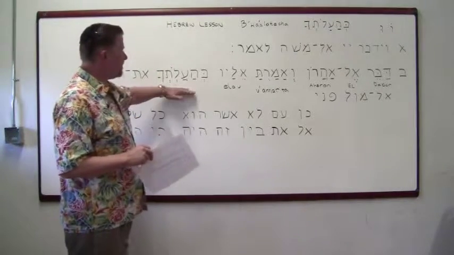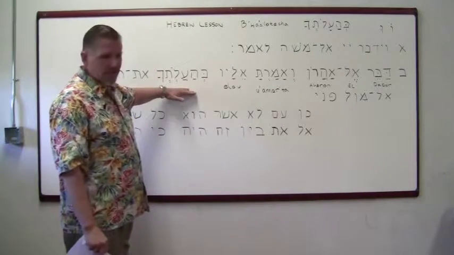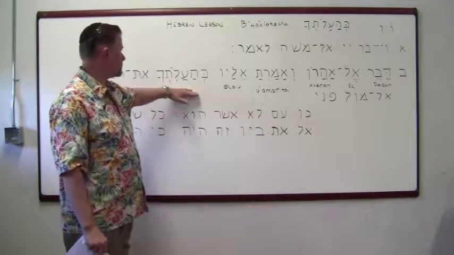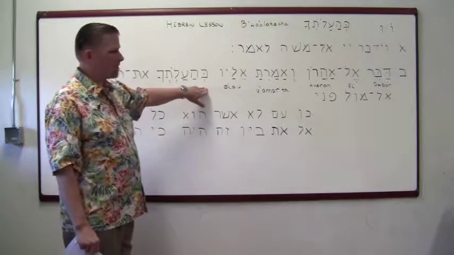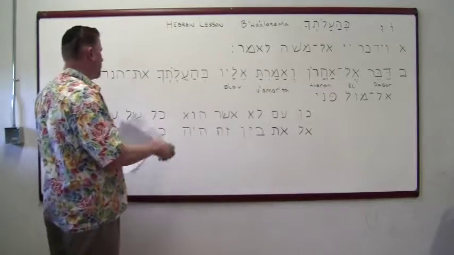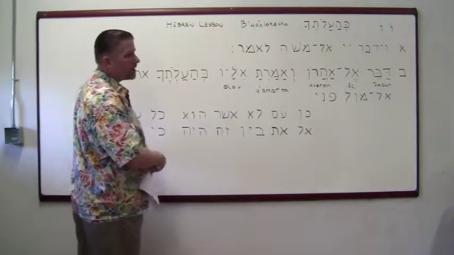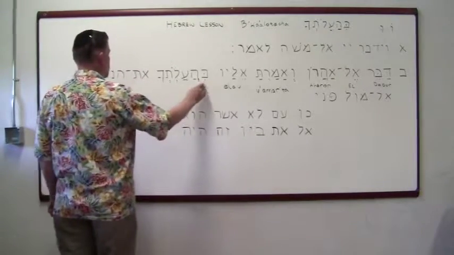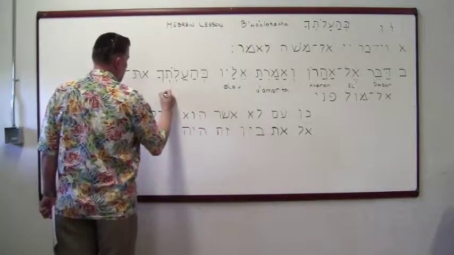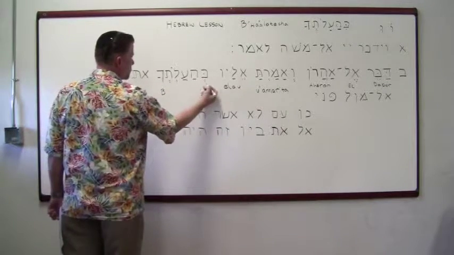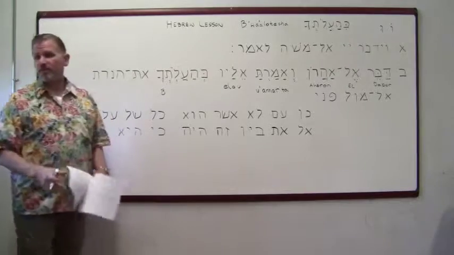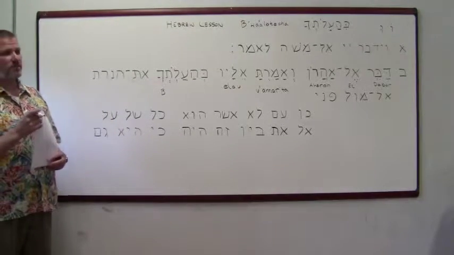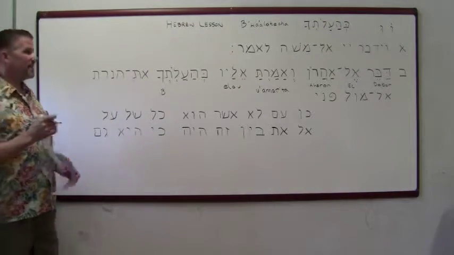We are on the word of the portion. So what do we have? Bet. And what's the vowel? Who knows the name of it? Shva.